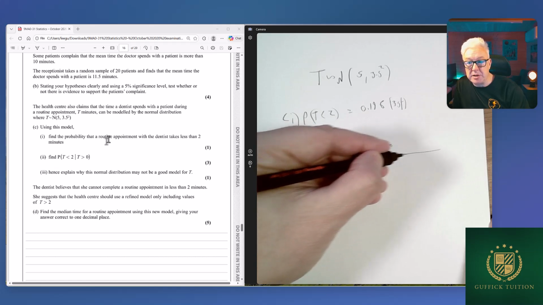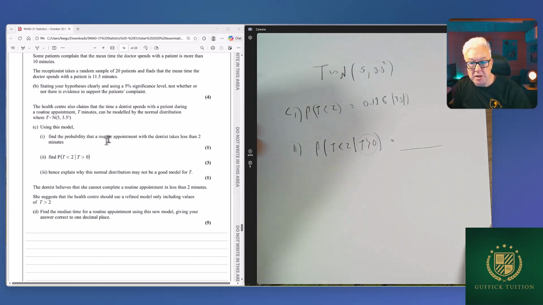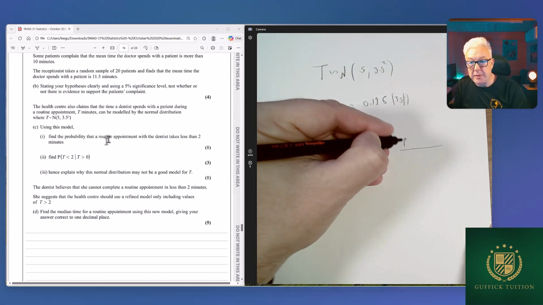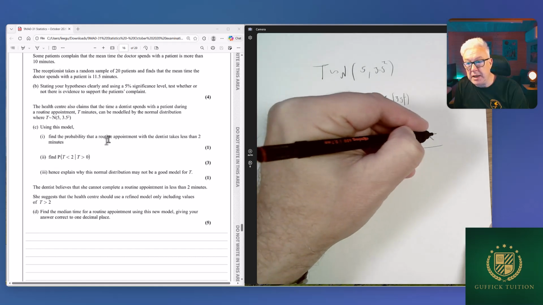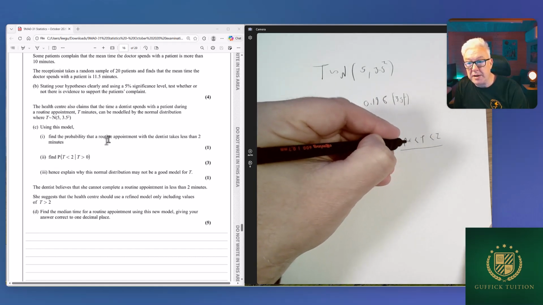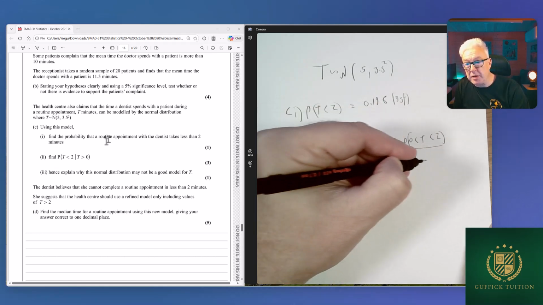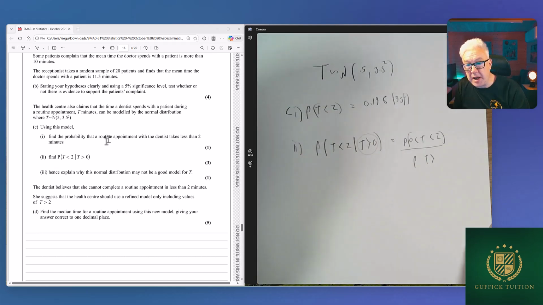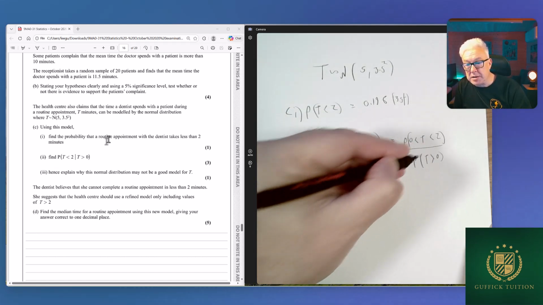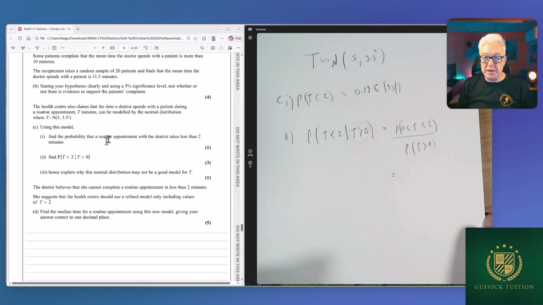So that means that the denominator of our fraction, so we could write this as the probability that the time is less than 2 but greater than 0, given that the time is greater than 0. Okay, so if we wanted to think about what that represents, that's what it's going to represent.